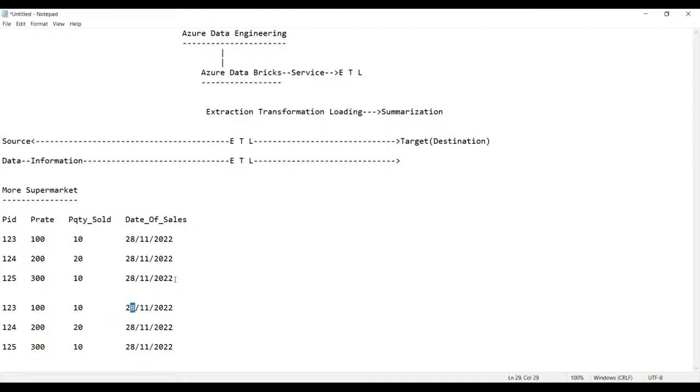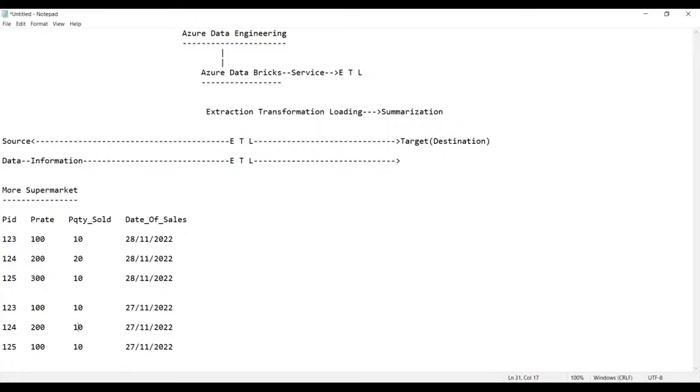I'm taking it as 27th data. 27, 27, and now 27. Here let us make it as 100 only. Okay, some change I have made, that is okay. 100, and let us make it as a 10 here. Now, guys, this is the data you have.